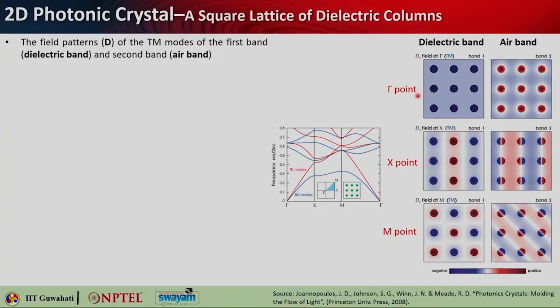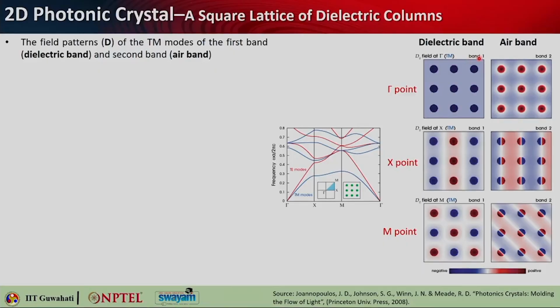The energy of the mode can be concentrated in a high dielectric region, or high refractive index region, which in this case is the dielectric cylinders, or in the air gap, the low dielectric region. That is how you say that the higher frequency band is called the air band and the lower frequency band is called the dielectric band.